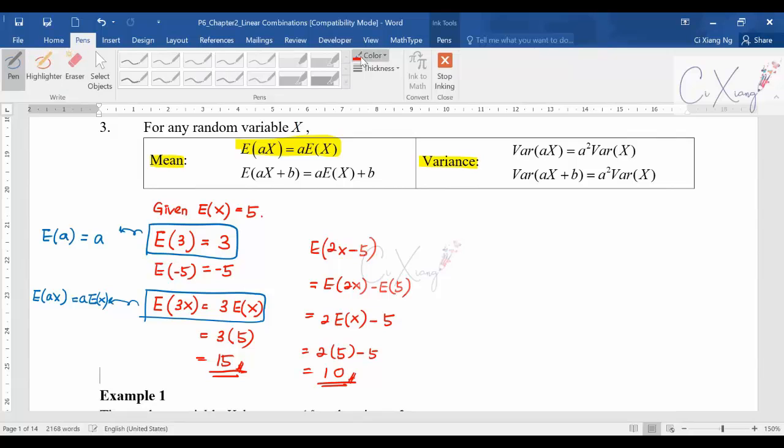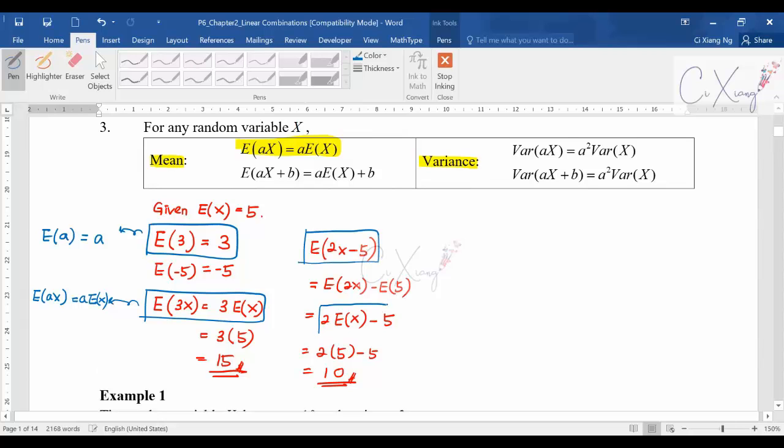All right, so from here, you can actually see that the formula used is E(aX + b) can be written as aE(X) + b, which appears in this formula in our notes. In exam, you no need to write out so detailed because all these calculations are very simple.